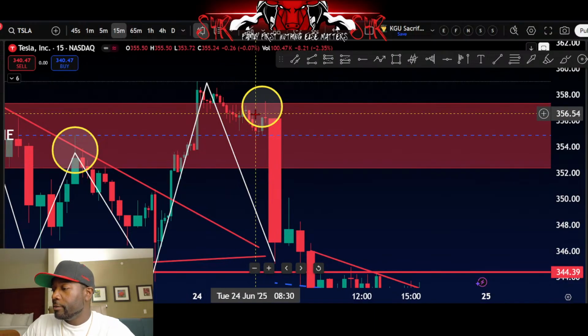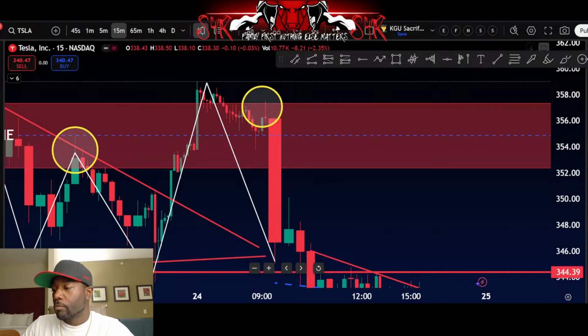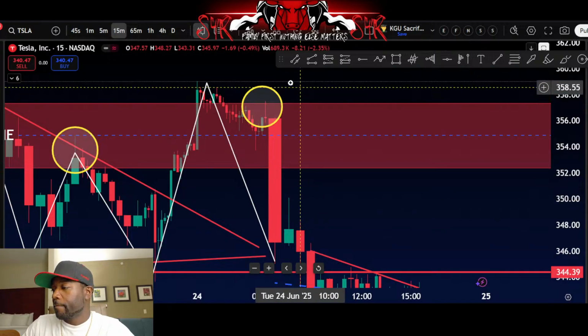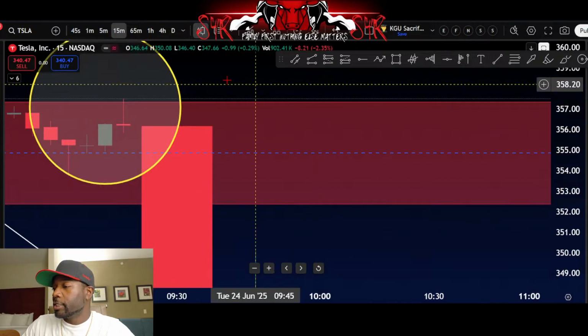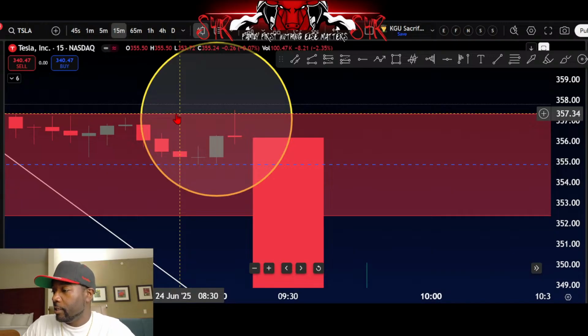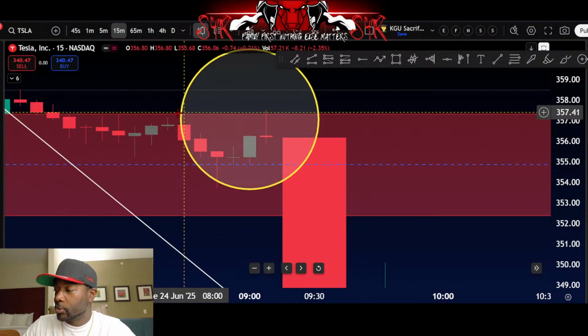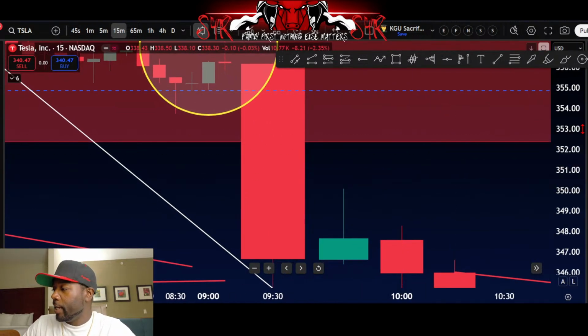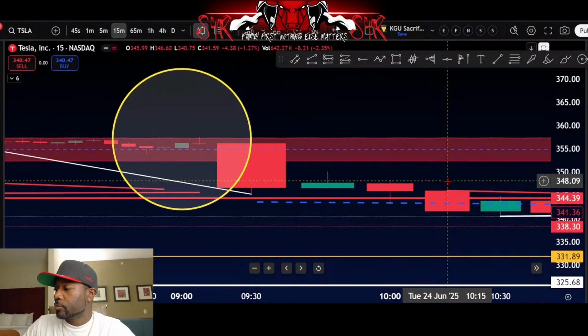And then we opened right here. So essentially, the stop loss was confirmation above this supply zone that I had tagged. And then I'm pretty sure that I tagged everybody within the Discord, okay? And then we had this nice sell-off, okay?